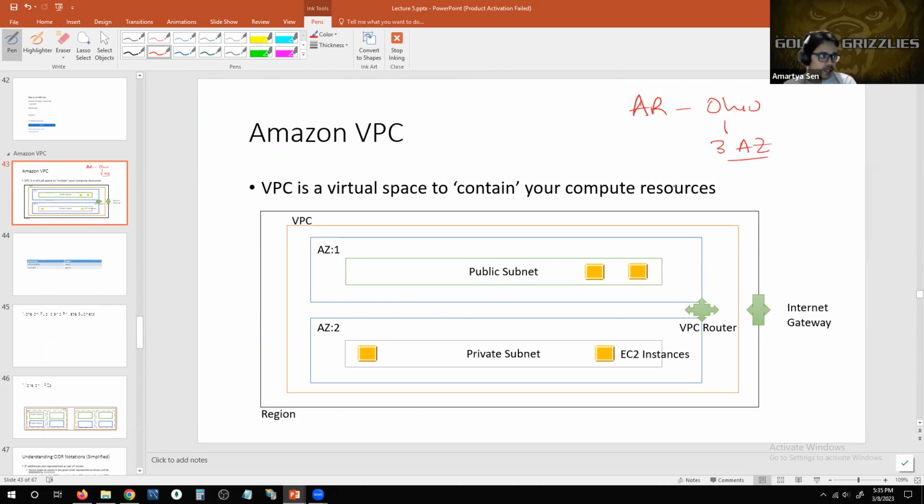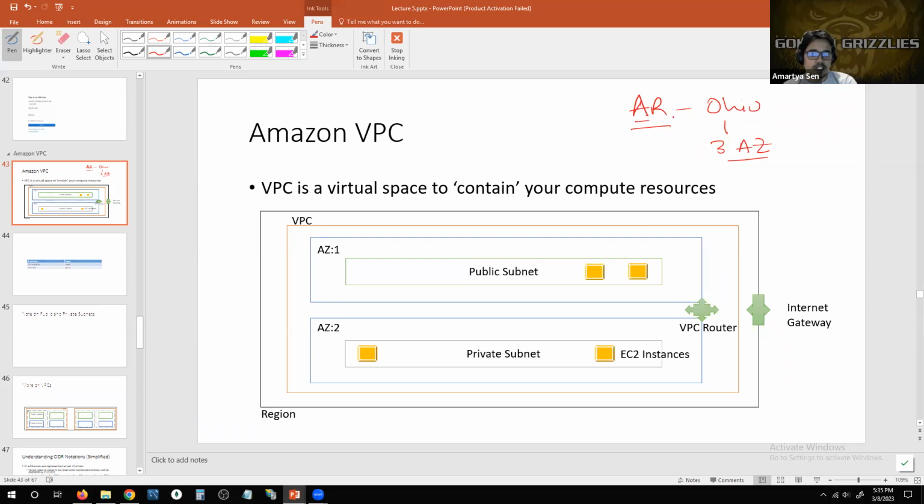Anytime you create an account for the AWS platform itself, instead of you creating your VPC, a default VPC is created for you by AWS, right? And that VPC belongs to each and every availability region that they have in their service. So that is the important thing to remember: whenever the account is created, for every availability region available on the AWS platform, a default VPC is created.